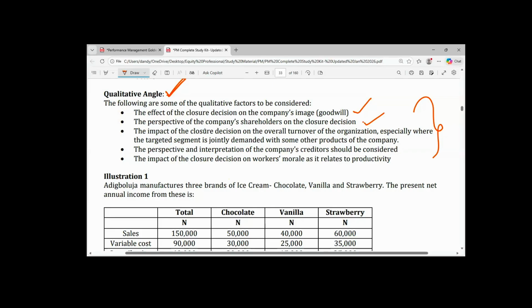All right, then number three is the impact of the closure decision on the company's overall turnover, especially if the product is jointly demanded with the company's other products. Okay.